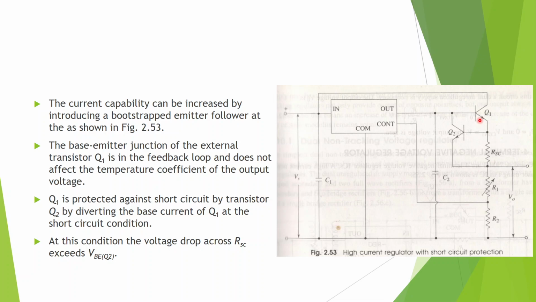Along with increasing the output voltage, you can also increase the output current capacity by introducing a bootstrap emitter follower at the output as shown in this figure. Now the output of the IC is given to the base of the transistor. So as the output increases, the base emitter voltage here increases, due to which this transistor will conduct more.